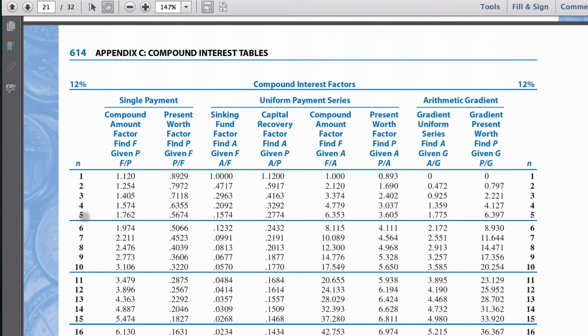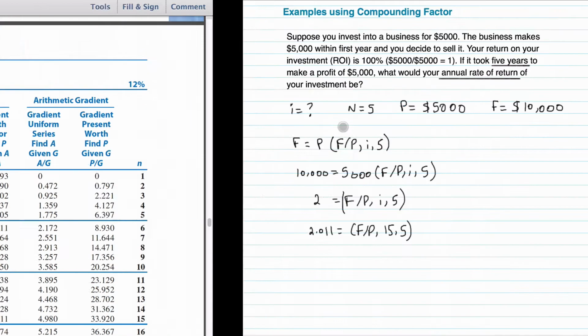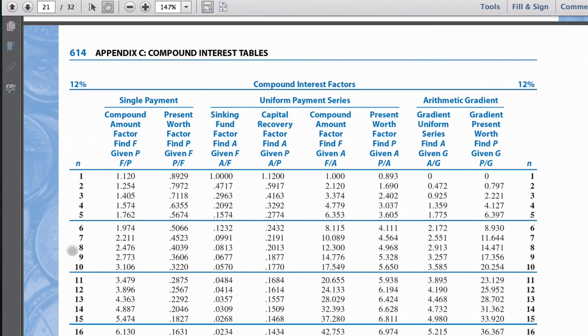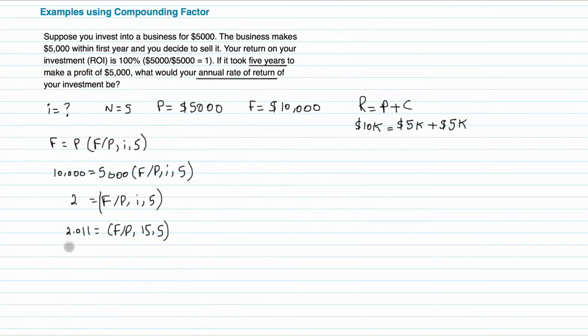So number of periods is 5. F given P is 1.762 for 12% at 5 years.